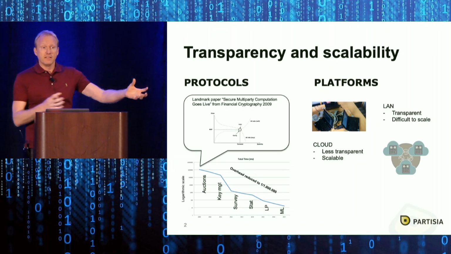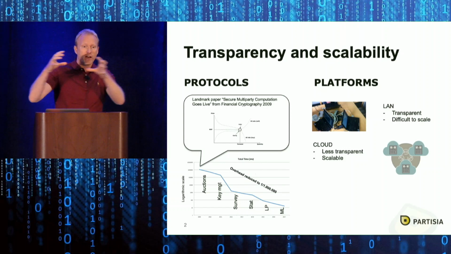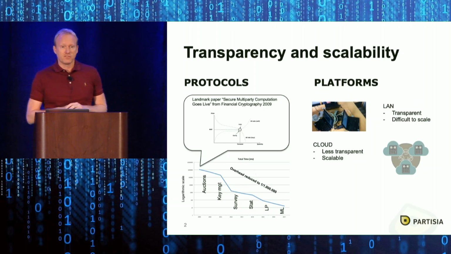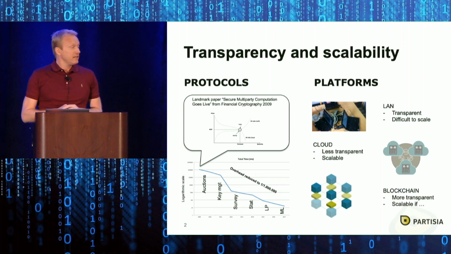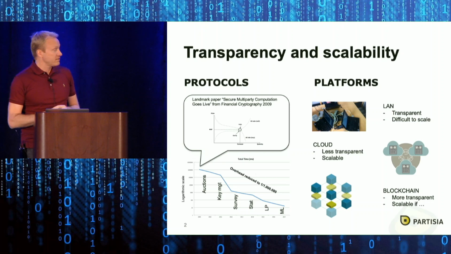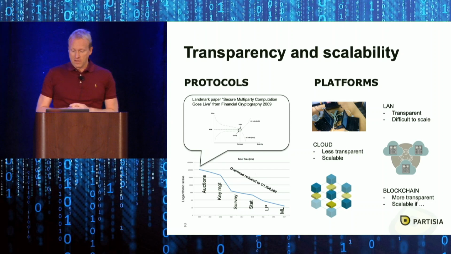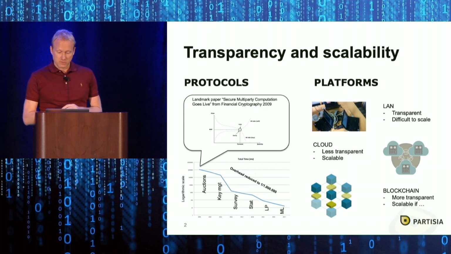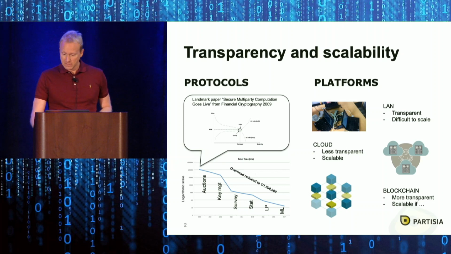But you could run it on separate cloud service providers, at least to signal that it's truly distributed. Or what we are doing recently is to use blockchain technology to create some more transparency. That's at least what we will claim. And done right, I guess we can also get this to scale. I'll be talking more about this.